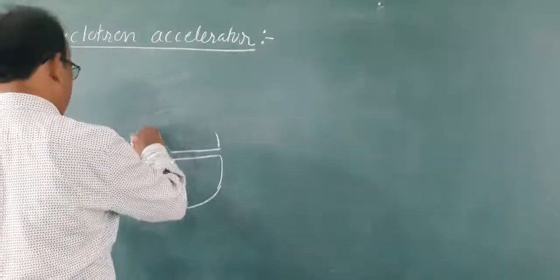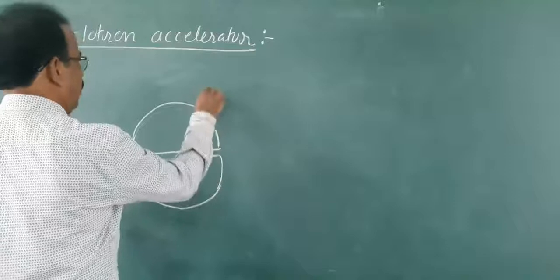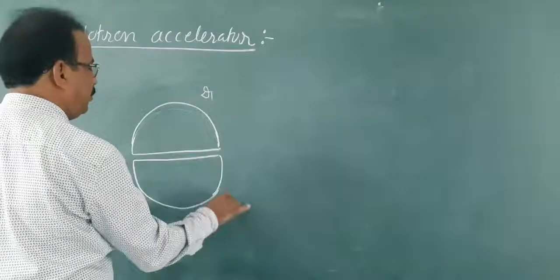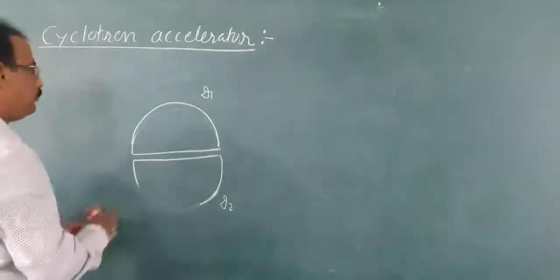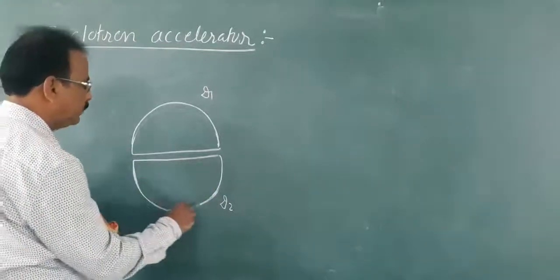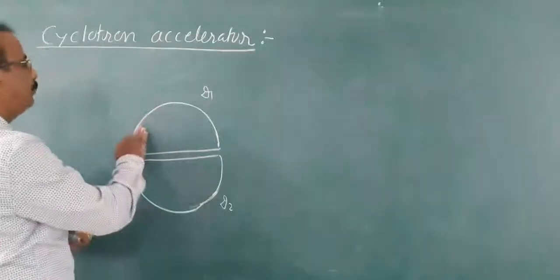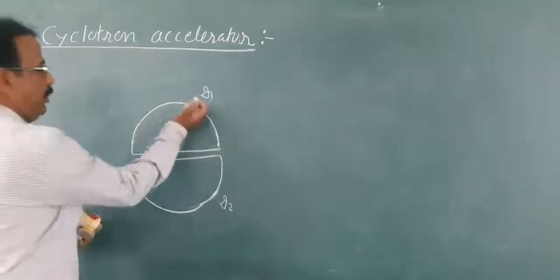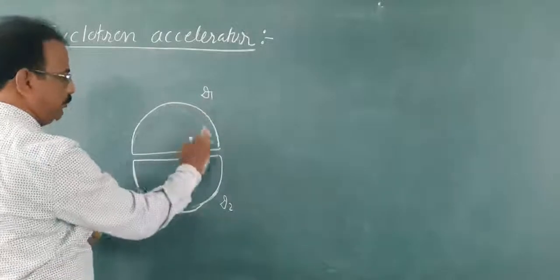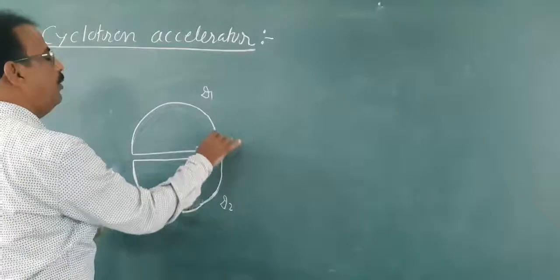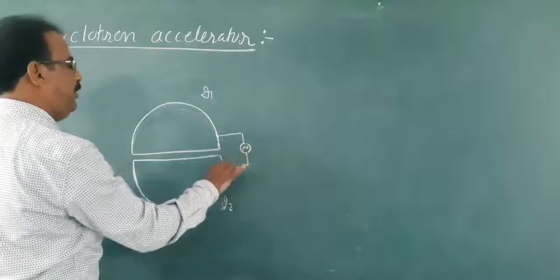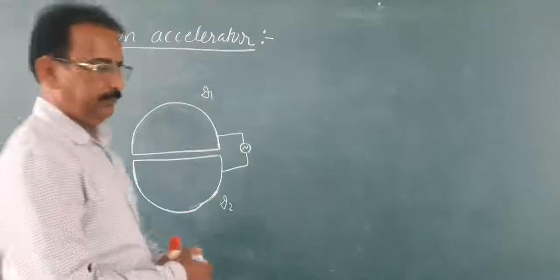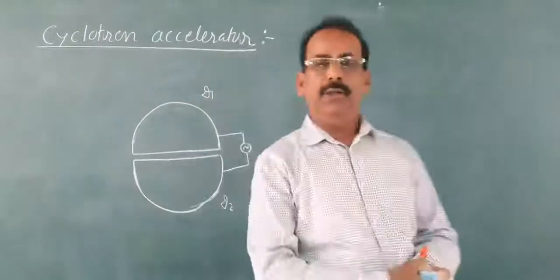So this is D1 and this is D2, the second D. These two metal chambers, means Ds, are connected to source of alternating EMF. Source of alternating EMF means AC source.